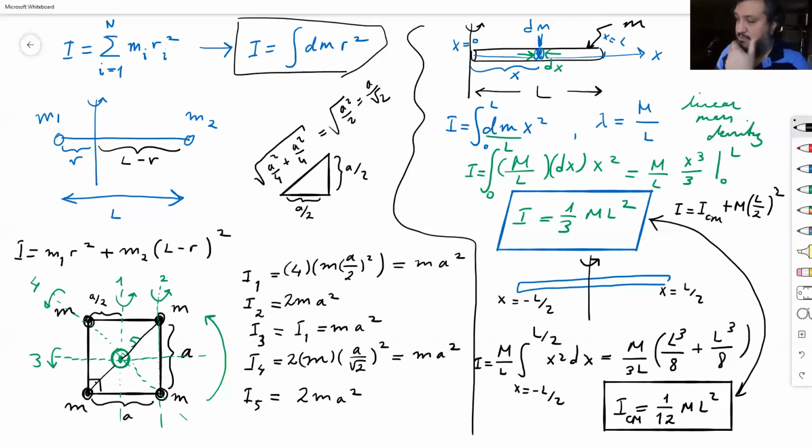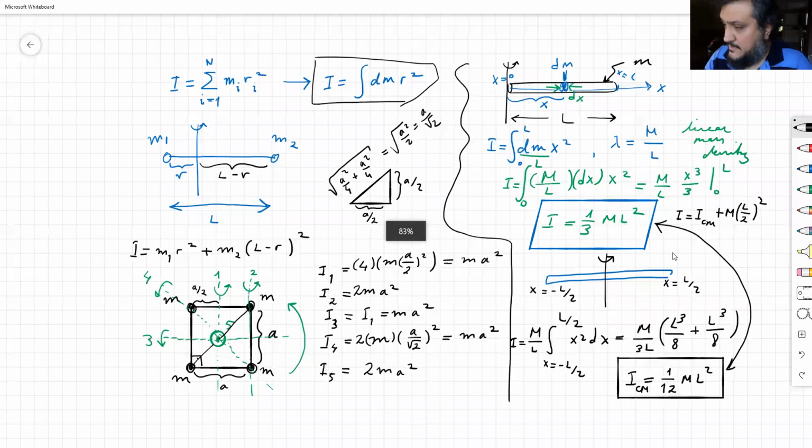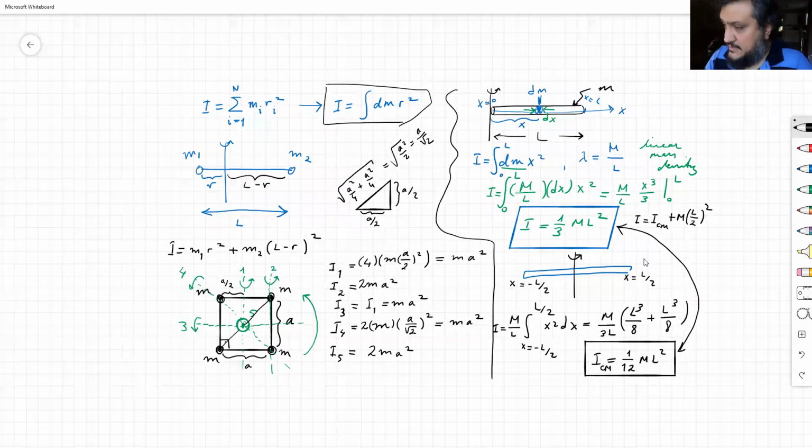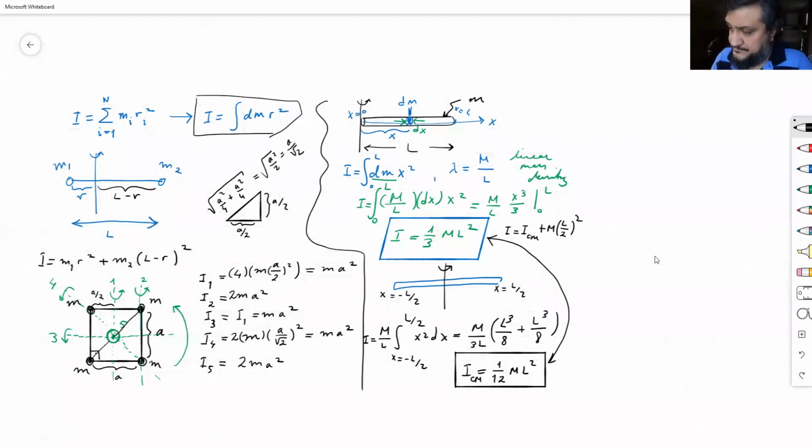All right. You can check this. Let's take a look at the right-hand side. I center of mass is 1 over 12 m L squared plus m L squared over 4.